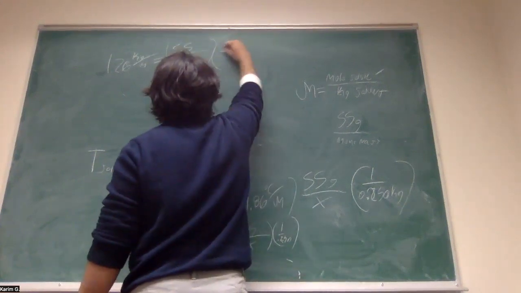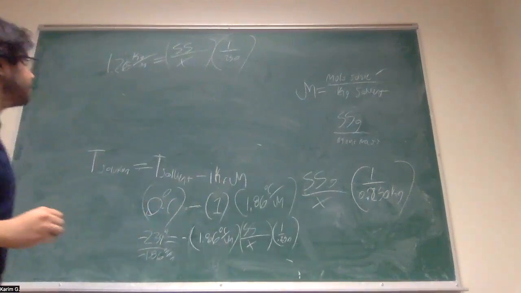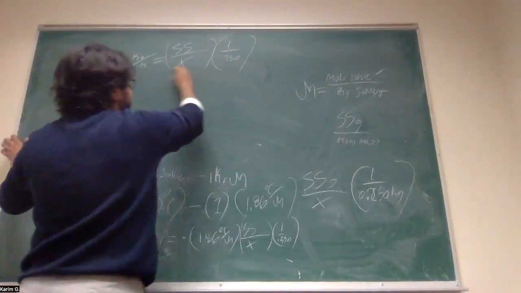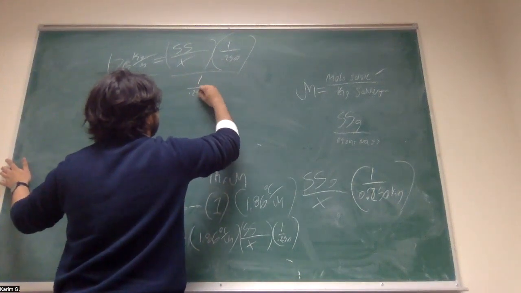And then another 0.25, right? Well, we would divide by 1 over 0.250.